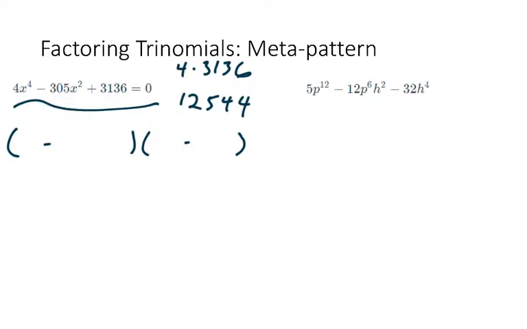The only way I can do that is if one of these factors is odd and one of them is even, because an even plus an odd makes an odd. If I had two odds and added them together, that would make an even. And if I had two evens and added them together, that would make an even. But I have an odd, so it has to be an even and an odd. So that's helping me figure stuff out.